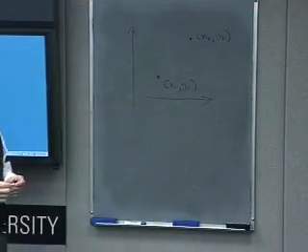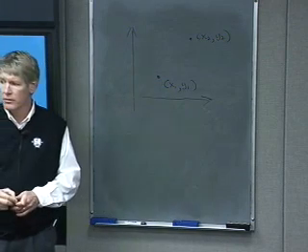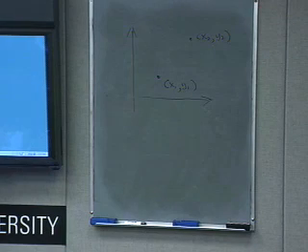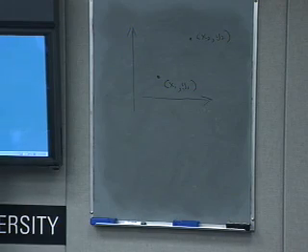So let me arbitrarily establish a couple of points, x1, y1, and x2, y2. And our task is to find the distance between them, and you all know that. You've used the distance formula many, many times, but where does it come from?